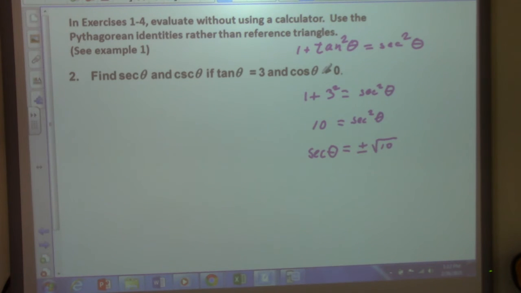Okay, we're given cosine is greater than 0, tangent is 3. So what is this going to be, plus or minus? Okay, I don't see any negative signs here at all. So everything here is going to be plus. So here's your secant theta, right?